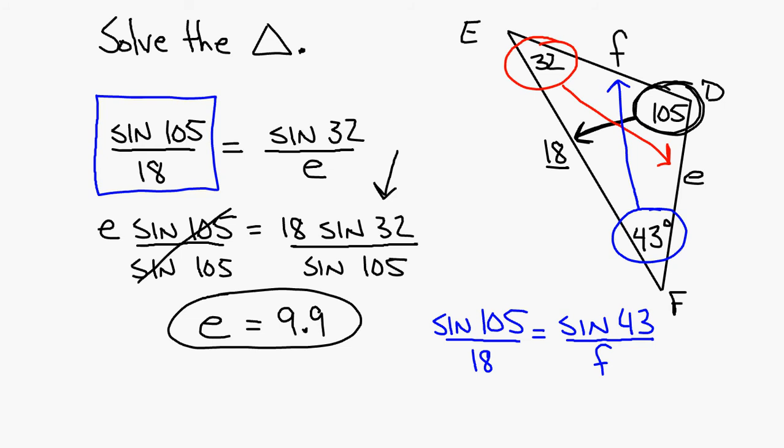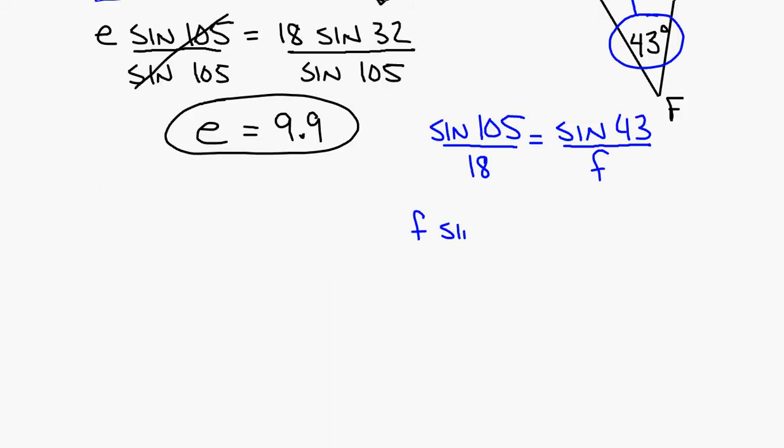So when you crisscross here, you got f times sine 105, and that's equal to 18 times sine 43.